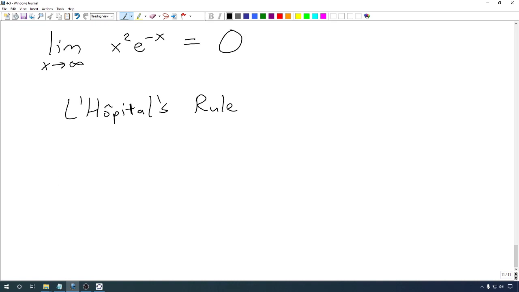In fact, the limit as x goes to infinity of x to any power times e to the minus x is 0. Essentially, e to the minus x goes to 0 faster than any power of x can actually compete with. So this could be x to the 2000th power. That's a function that grows really, really fast.